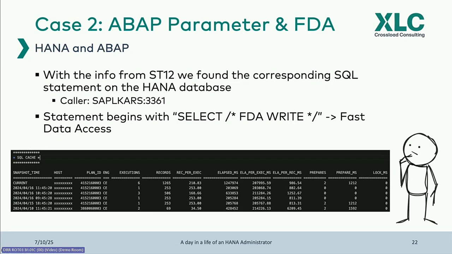And as we can see here, it was over 3 minutes. So 180,000 milliseconds will be 3 minutes. So it was slightly over 3 minutes. And the statement begins with FDA, so fast data access. And in this case, it was the hint to the solution that we saw the FDA here.